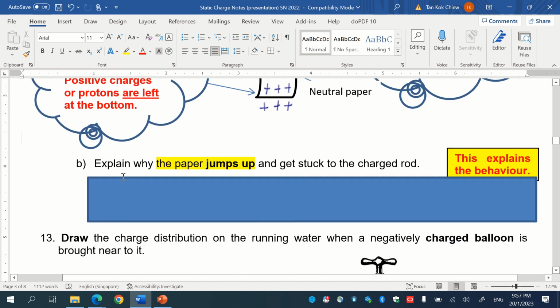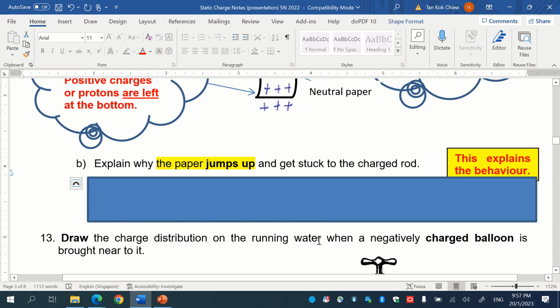Now, next, they will ask about the behavior. Explain behavior. Why does the paper jump up and get stuck to the charged rod? Like the first demo that you saw. Why did the paper jump up? If it jumps up and gets stuck, it must be because of what law? It must be because unlike charges attract.